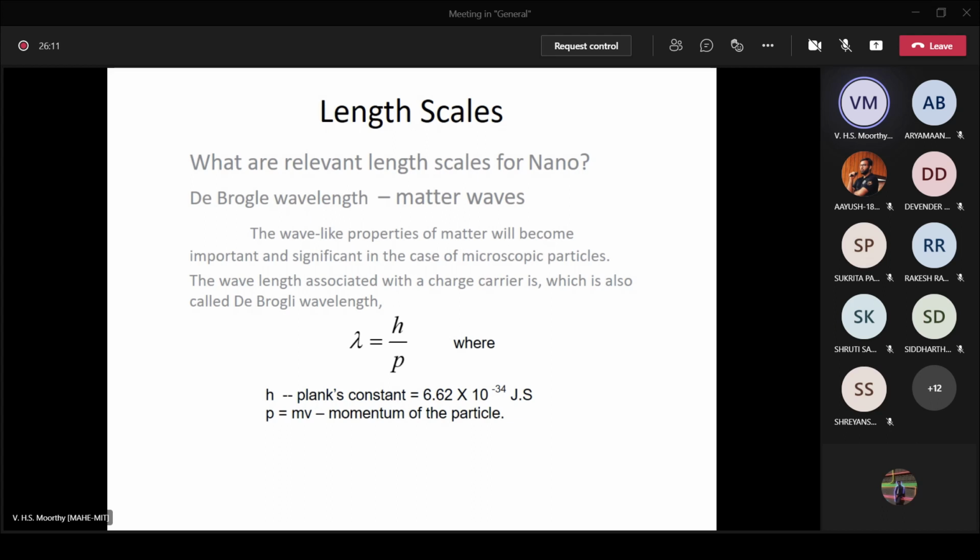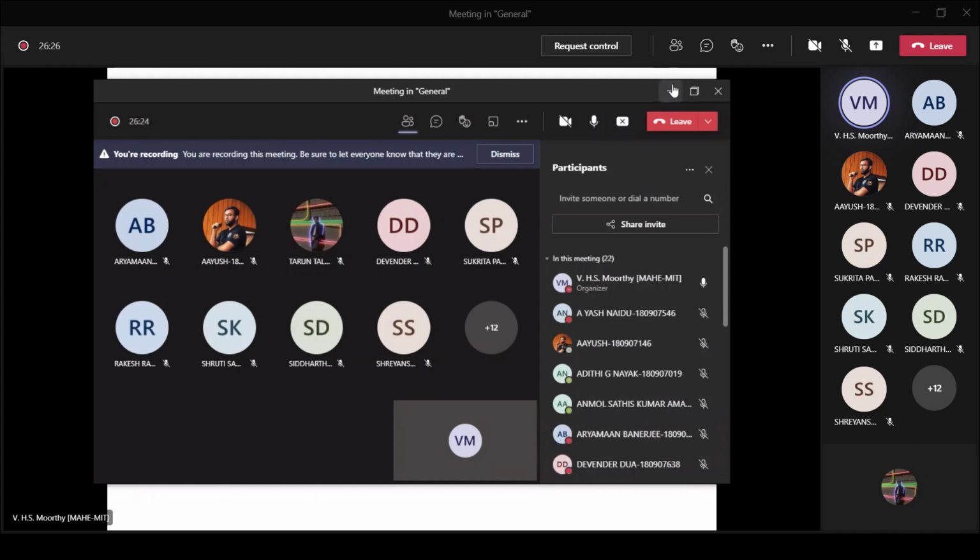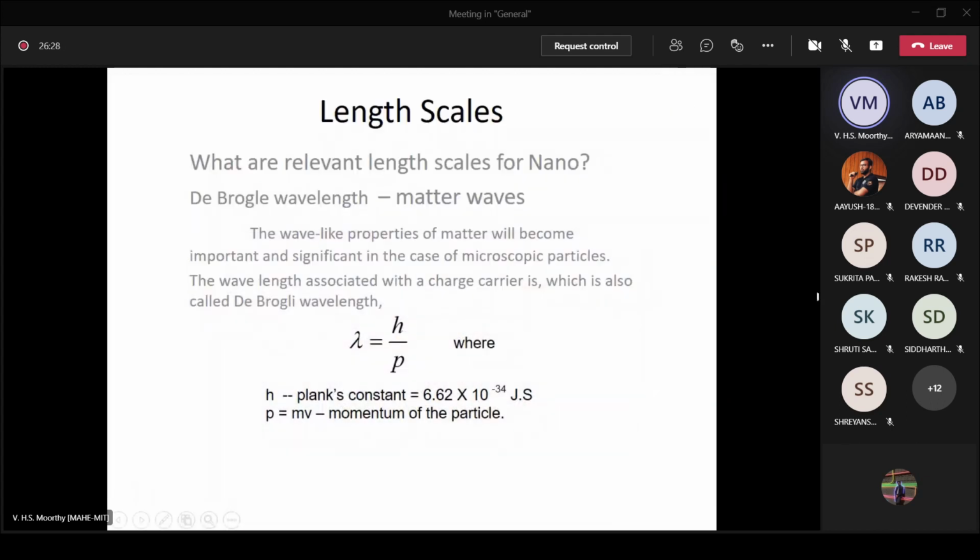So similarly, an electron, while it is passing through the material under the electric field condition, encounters many collisions, and thereby it changes its path.